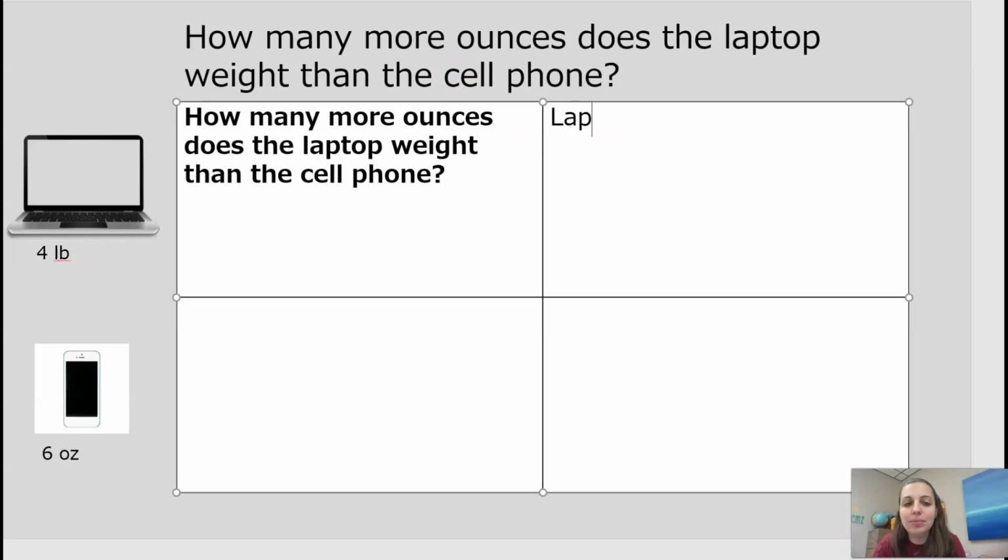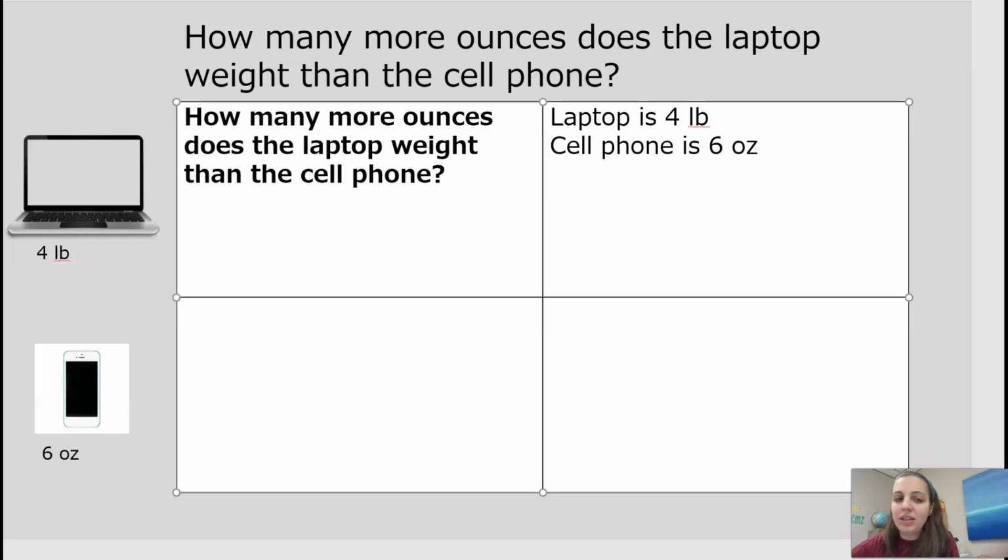I know that the laptop is 4 pounds and the cell phone is 6 ounces. Now, I cannot operate with different units. I need to convert ounces or pounds.